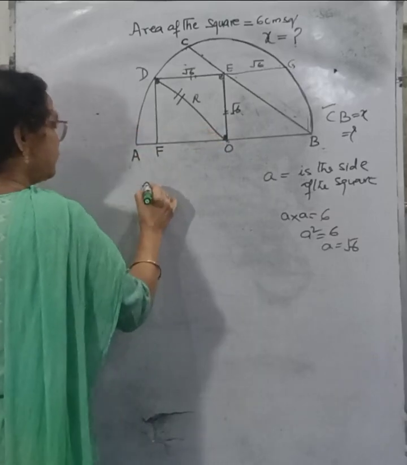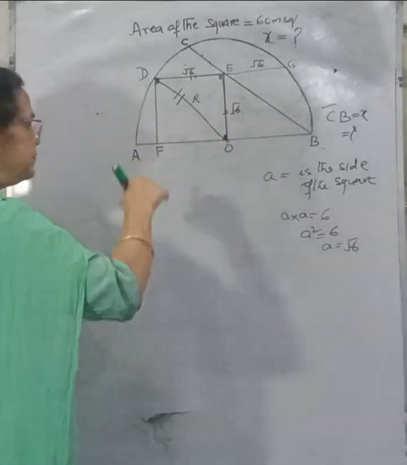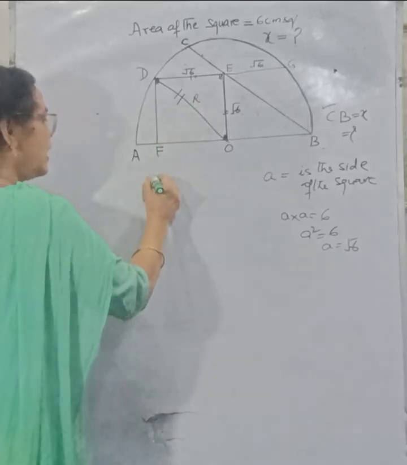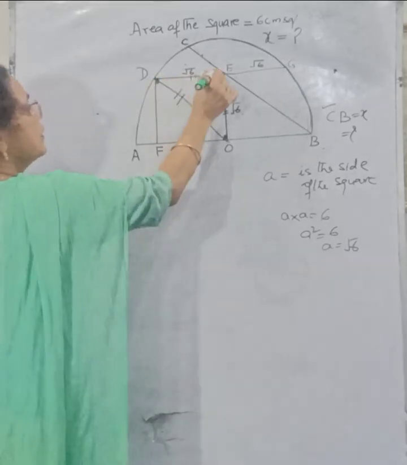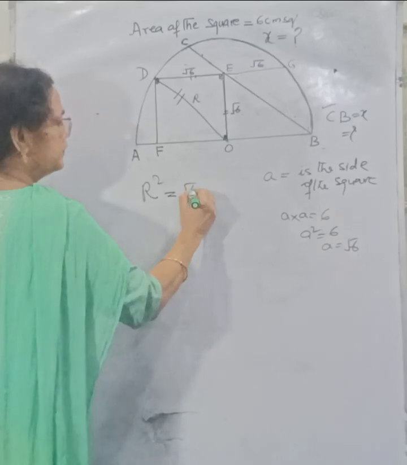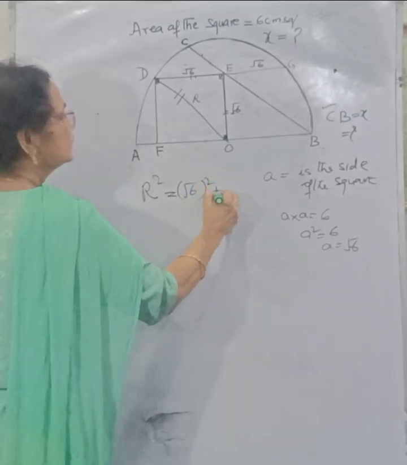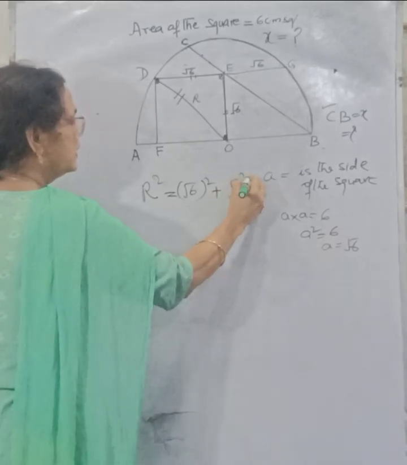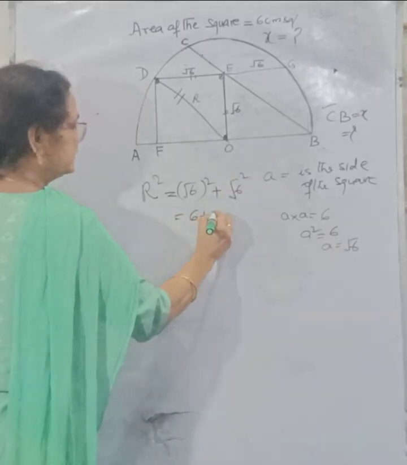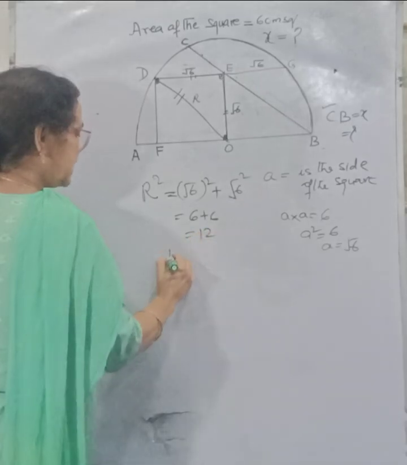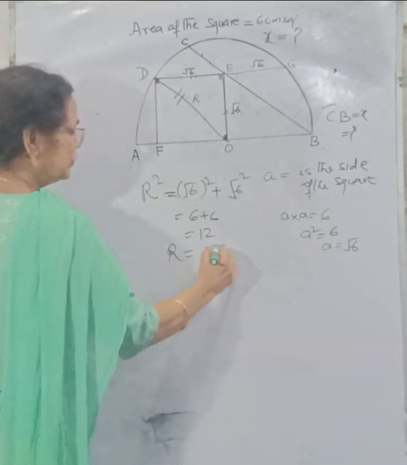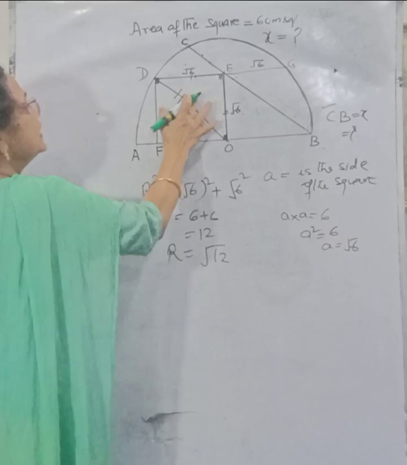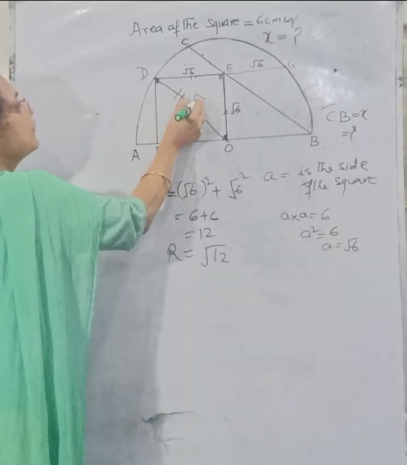So the value of R can be obtained as per Pythagoras: R square will be square of DE, it means root of 6, plus square of EO, it means root of 6. It means 6 plus 6, that is 12. It means R will be equal to root of 12.